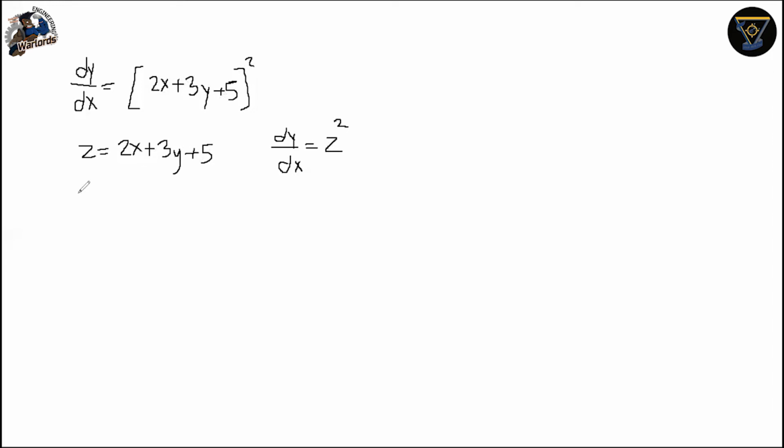We differentiate with respect to x: dz over dx is equal to, when we differentiate 2x, we get 2, and then plus, when we differentiate this now, 3y, this is going to be 3 dy over dx.